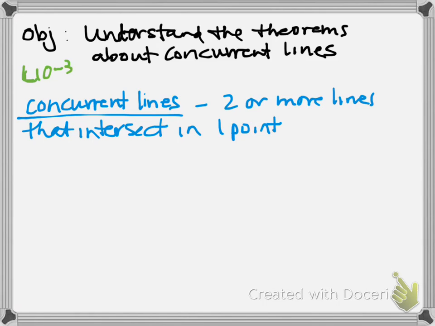Now, last year, and even this year, you've done it as well. What did you deal with that would be described as concurrent lines? Go deeper. Not just perpendicular lines. We studied a whole chapter on this in our algebra class. Dealt with concurrent lines. So two or more lines that intersect in one point. What is that describing?